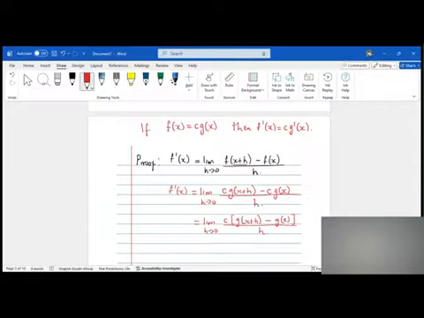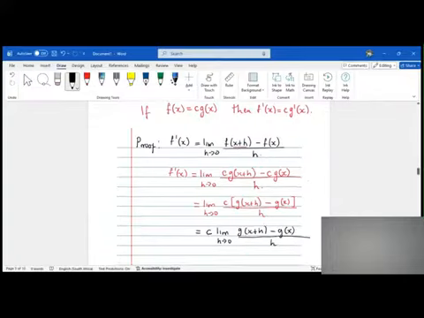From here I can then push out the constant and take the limit of the g of x plus h minus g of x all over h. Okay, we are almost there.